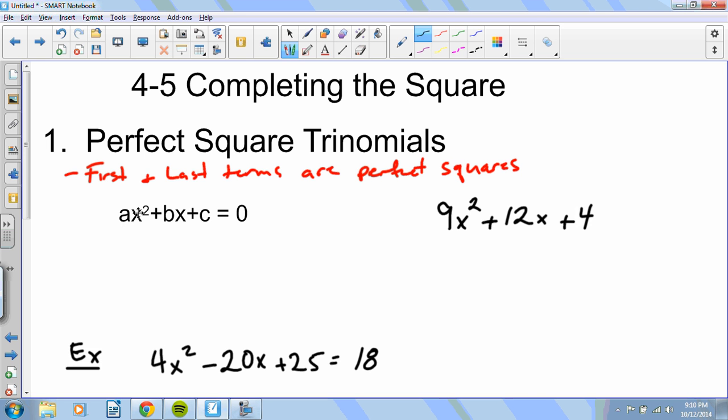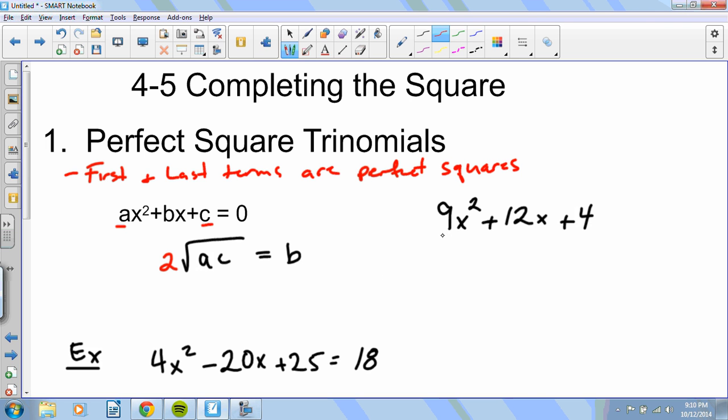Basically, if I take my leading coefficient and my constant, multiply them together, take the square root, and multiply that by 2, that will be the same thing as b. So if I take a and c, multiply them together, get the square root, and double that value, I will get b.